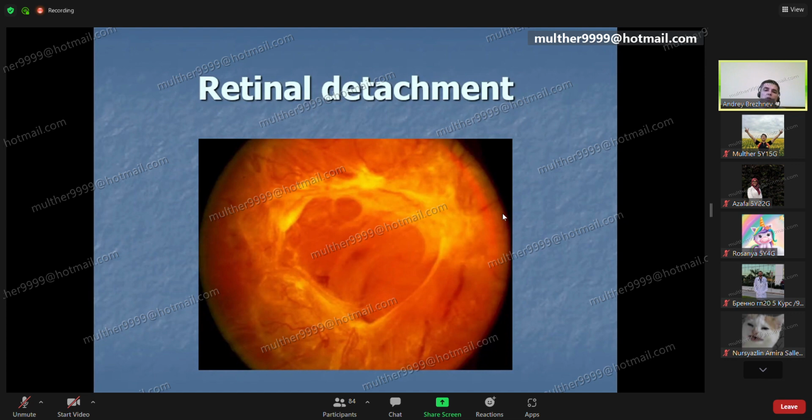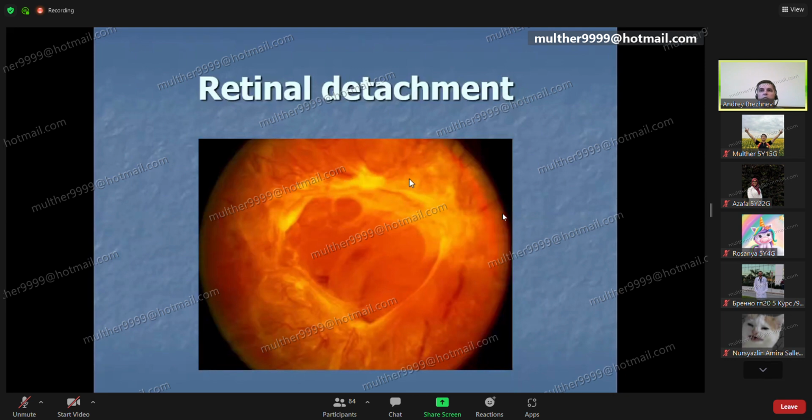Here you see another type of retinal detachment. It's a tractional retinal detachment. We can't see even the optic nerve disc. We know it's somewhere here, but in front of the disc and in front of the retina, you see the connective tissue membrane which covers it.